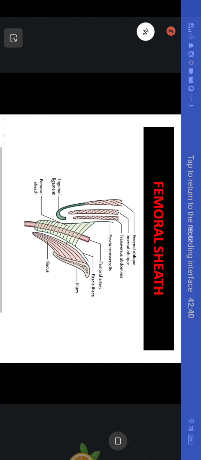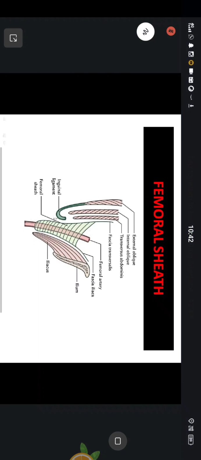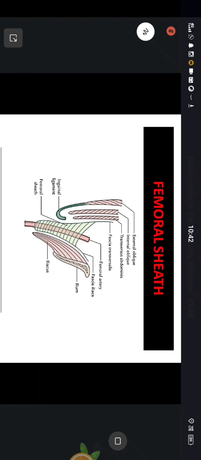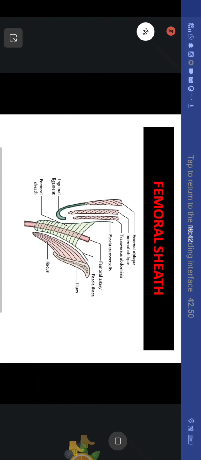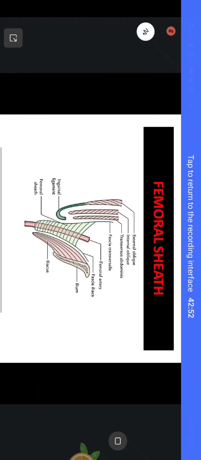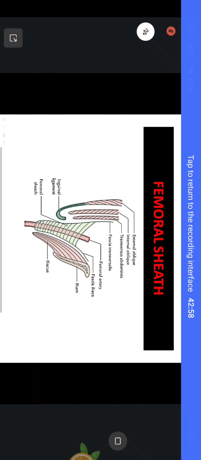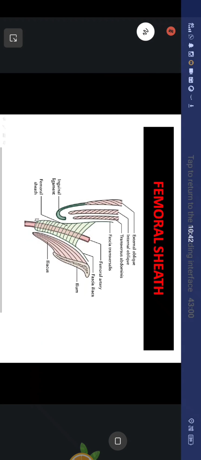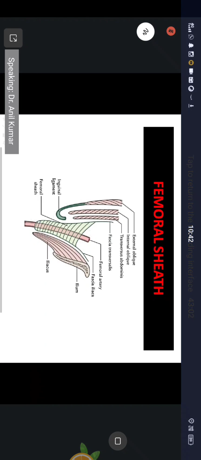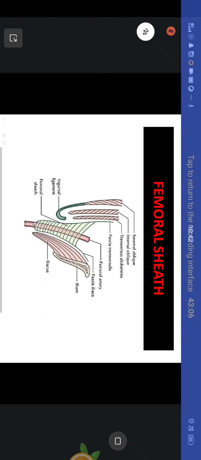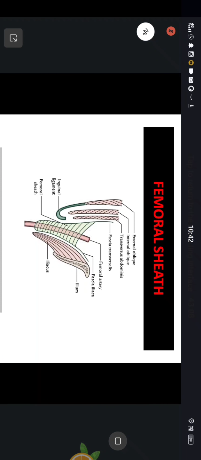Now, is it clear by showing this diagram, the anterior wall and posterior wall of the femoral sheath? The anterior wall is formed by fascia transversalis and the posterior wall by fascia iliaca. They run downwards up to the upper 4 centimeters in the femoral triangle, and the anterior wall and posterior wall merge with the superficial layer of these great vessels.